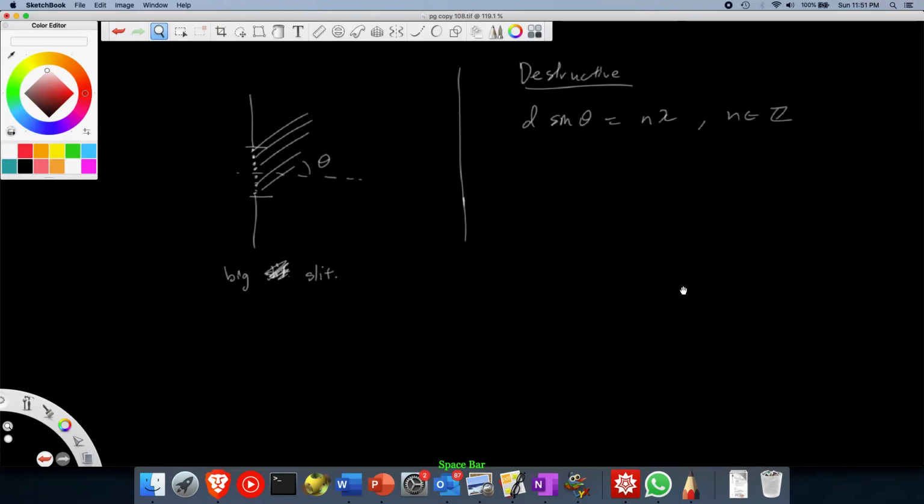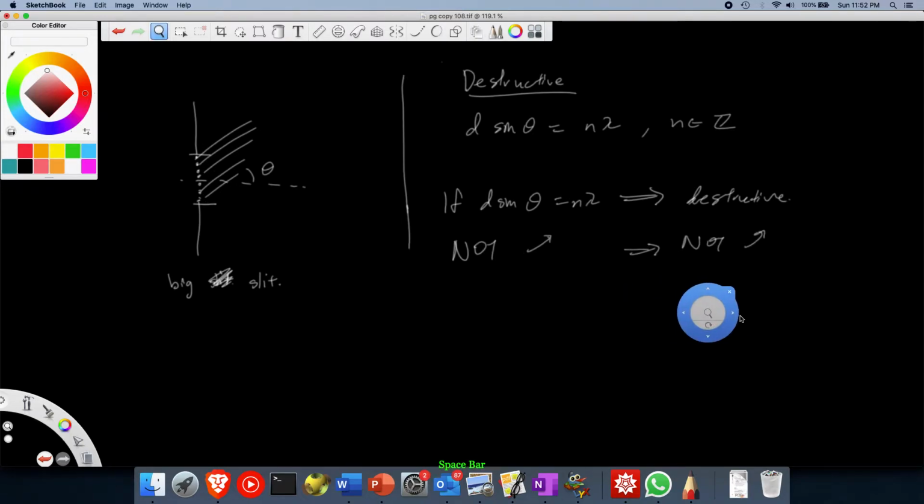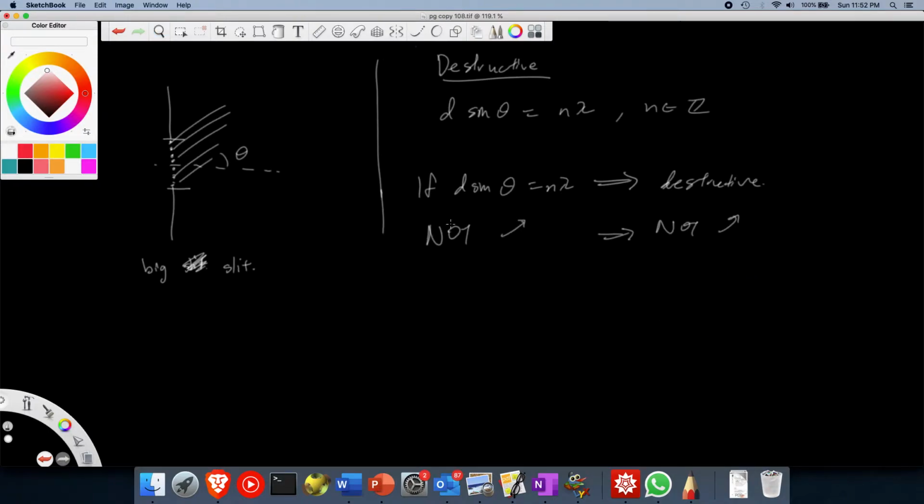So do note the logic of our argument. If we follow the argument later, this means if d sine theta equals n lambda, then destructive interference. But it does not mean that if not this, then that implies not destructive. So at least that's the flow of the logic.